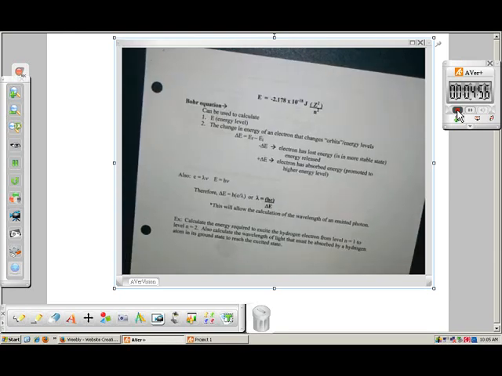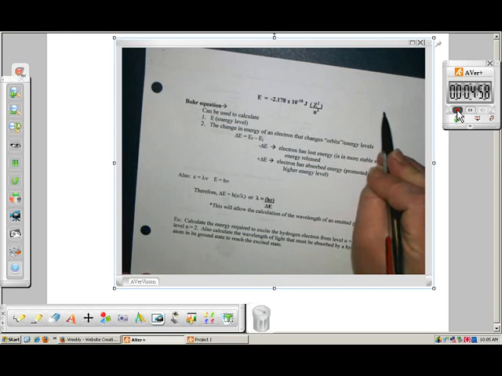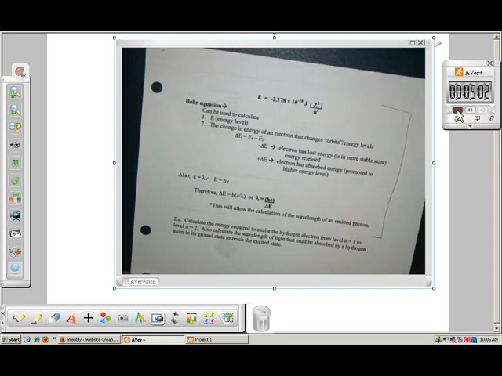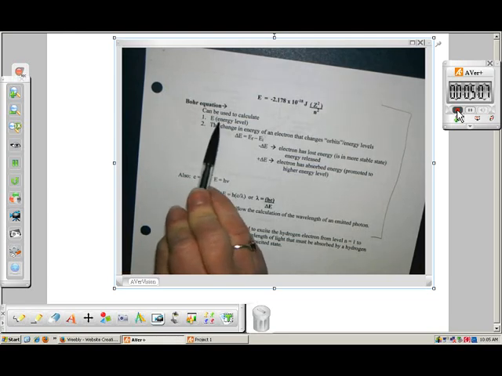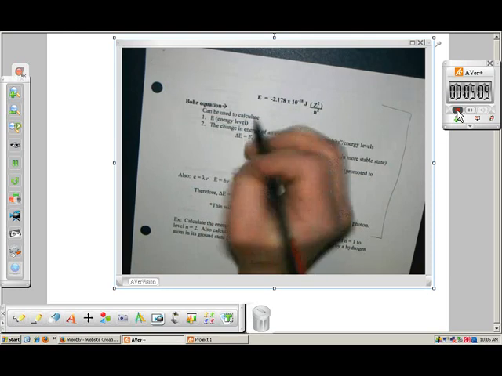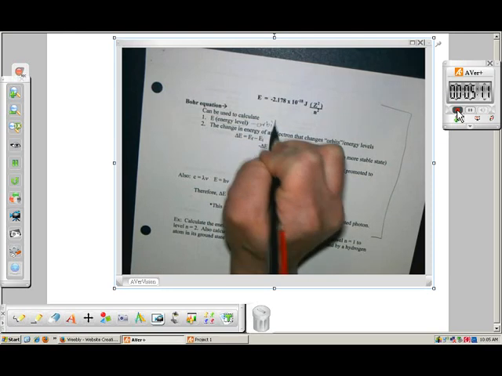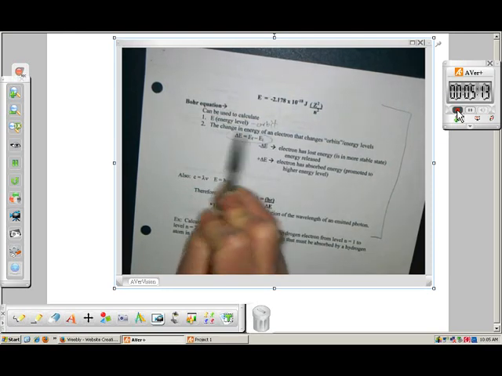Well, the Bohr equation really is utilized most often to answer these kinds of things. What exactly is the energy? Now, we use today energy level. He used, of course, orbit. What is the difference in energy between the orbits?